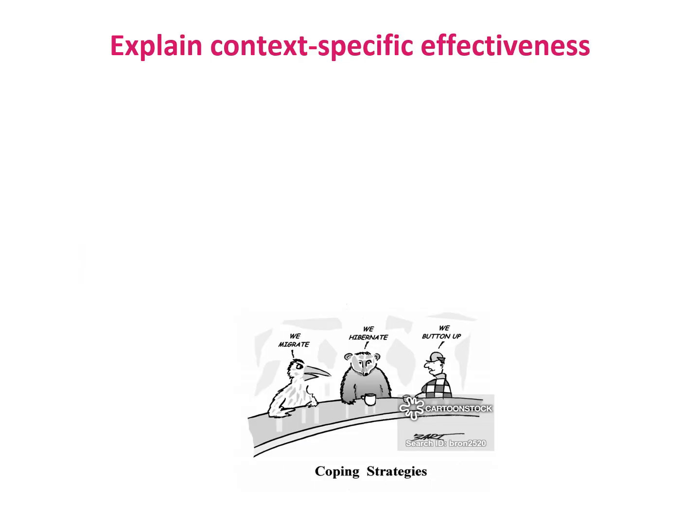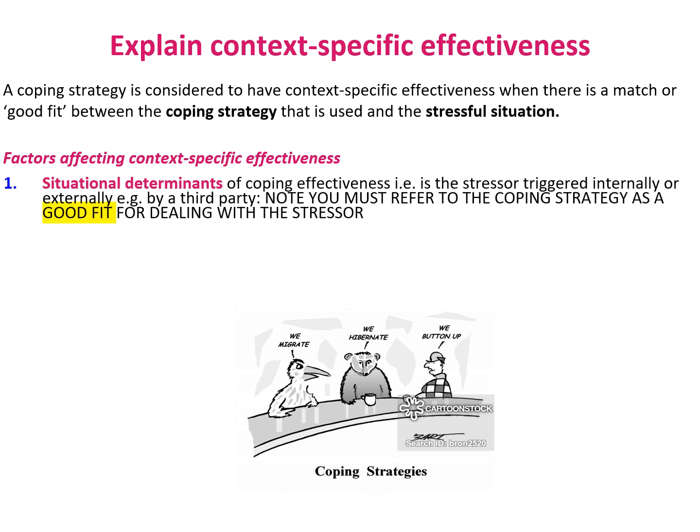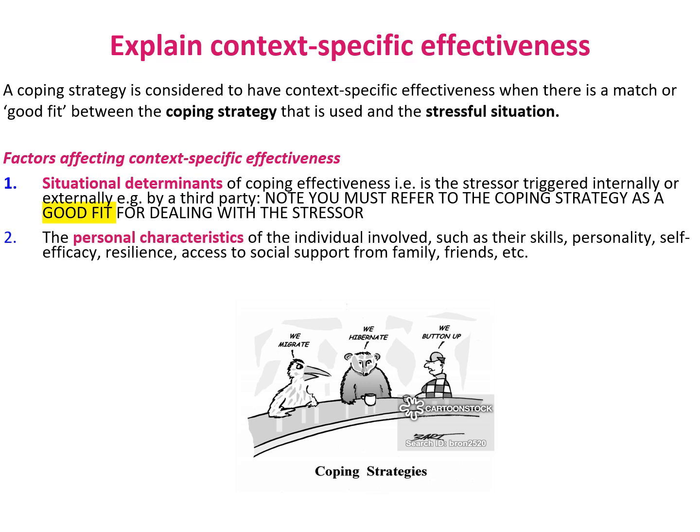Now, in terms of context-specific effectiveness, what we need to use is our mental thesaurus when we are explaining whether we have context-specific effectiveness. And the key point, and VCAA assessors love this, it's always in the sample solution guides, is that we want to determine if the coping strategy that we've employed, which would be an approach strategy, is a good fit for dealing with the unique demands of that stressor.